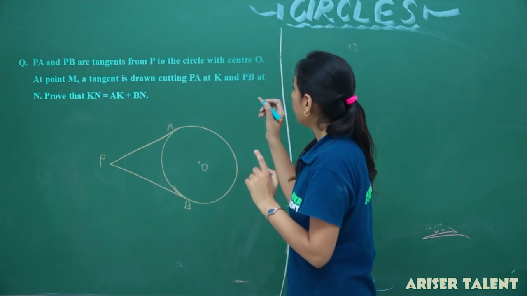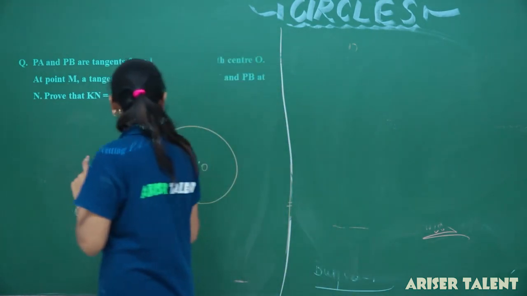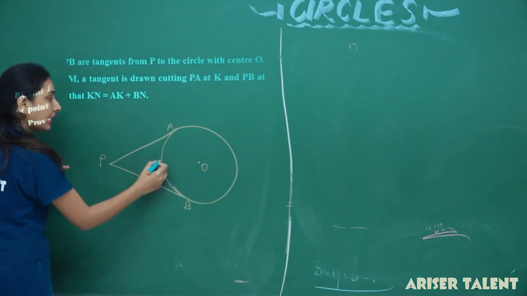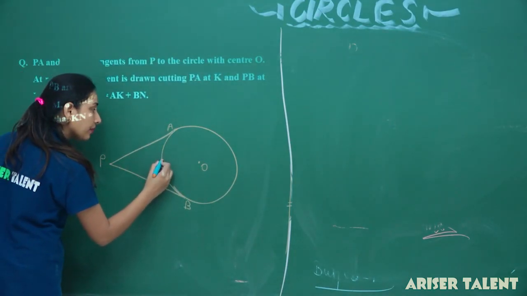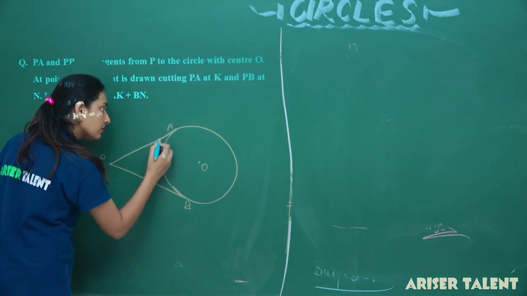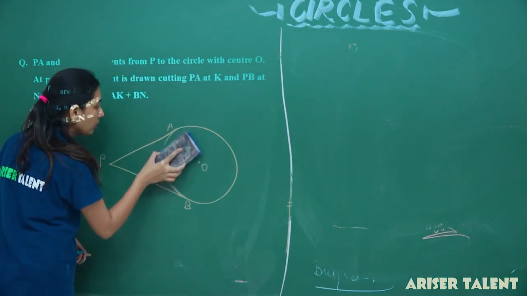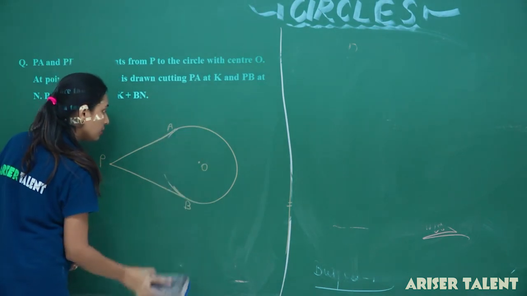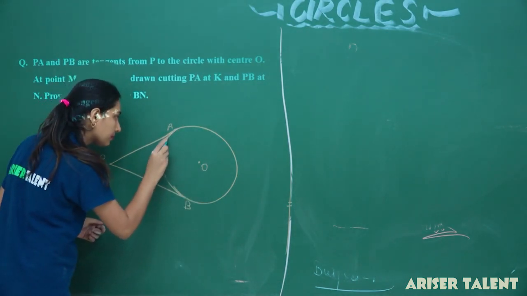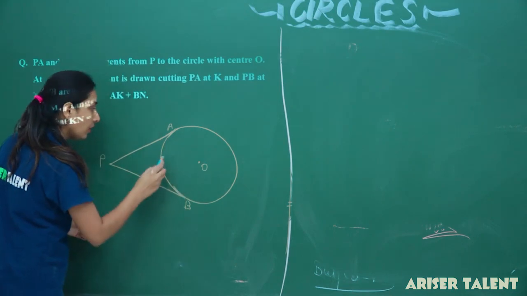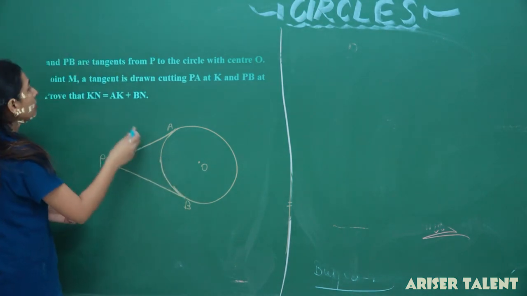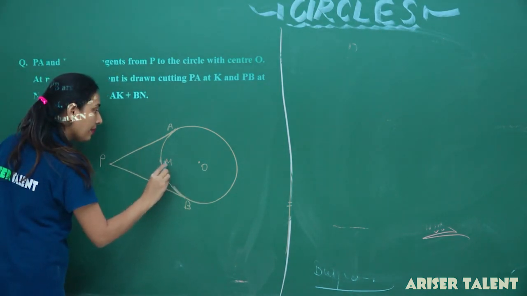You can make it more circular so that it will be easy to understand. At this particular point M, I am having a tangent.